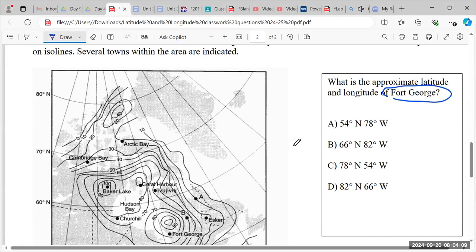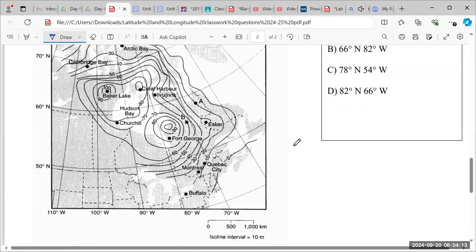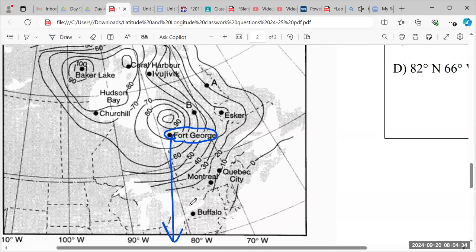All right. So I'm gonna find Fort George. Fort George, where are we? Where we at? Boom. Fort George is located right here. Now, one thing to keep in mind, you see how these longitude lines are slanted? That means what we're not going to do to find our longitude is we're not just going to go a straight line across, because you just crossed this parallel line, right?